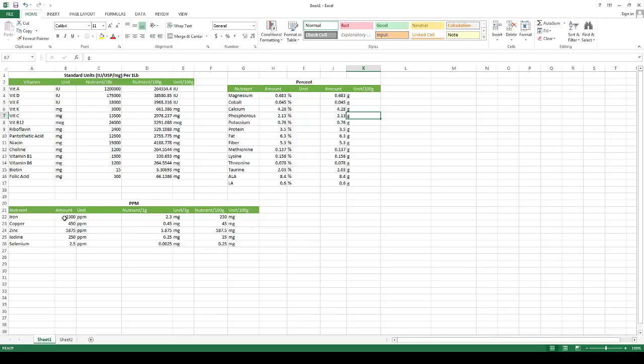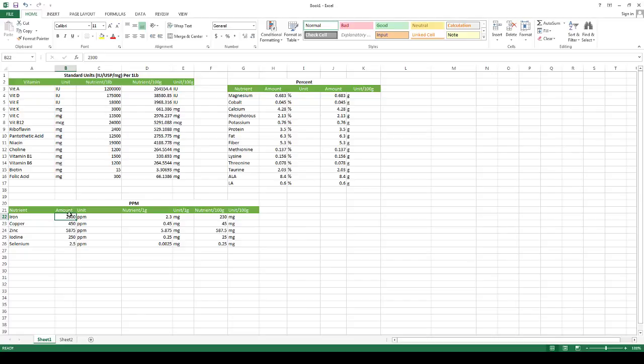Okay, so now on to ppm. There's only a few of the ppm values in here, but I'll explain the math. With ppm, I find it's really not difficult to get to 100 grams straight off the bat. You just remove a couple zeros off of the equation, but whenever I think of ppm, I'm automatically thinking, okay, if I want to do something in milligrams per 1 gram, I'm going to be dividing by 1,000.